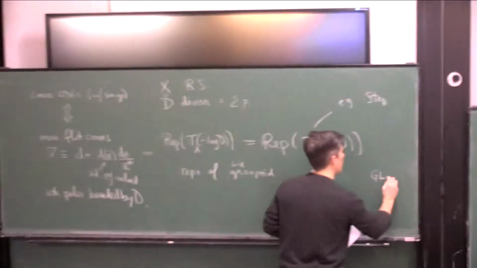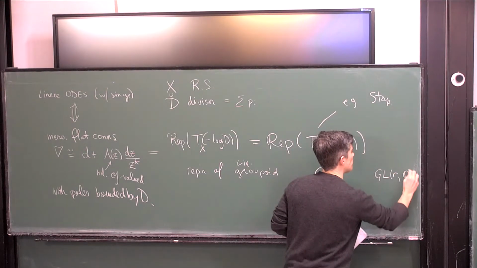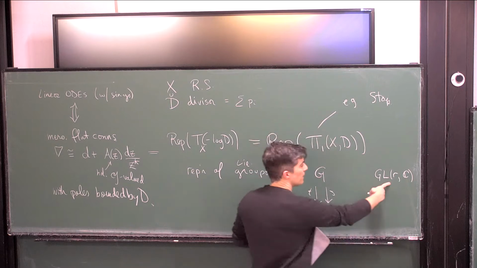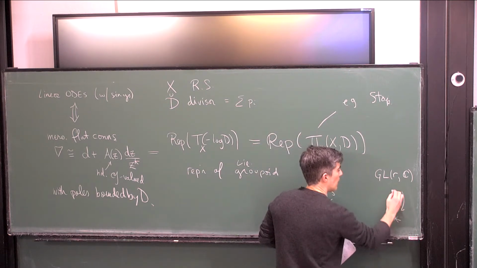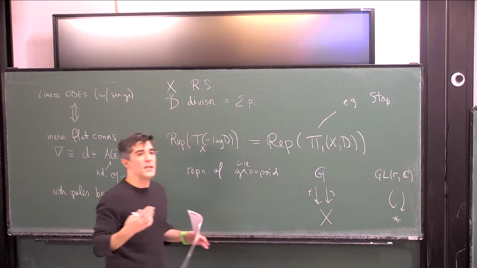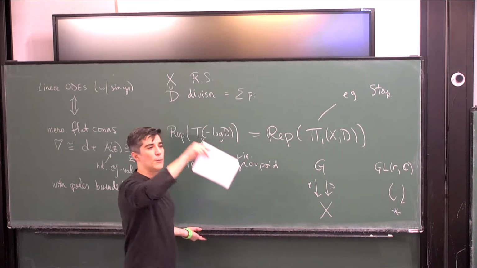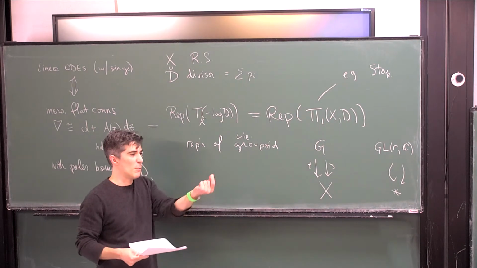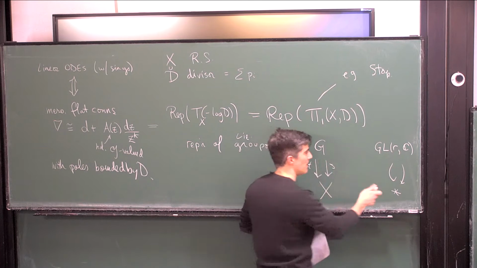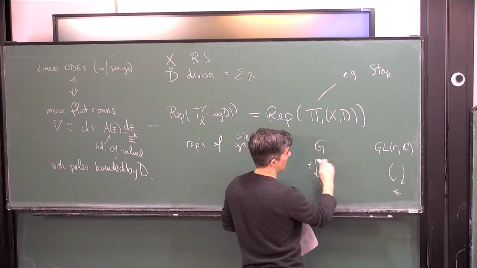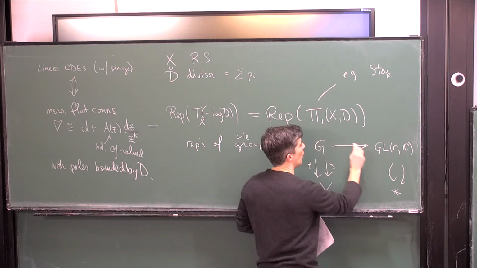Let me just take a simple example, GL_r(C). This is a group. I can think of the group as a groupoid over a point. You can think of elements of any group as being arrows which begin and end at just a one-point set. And to have a representation of this groupoid just means that you should have a homomorphism of groupoids.